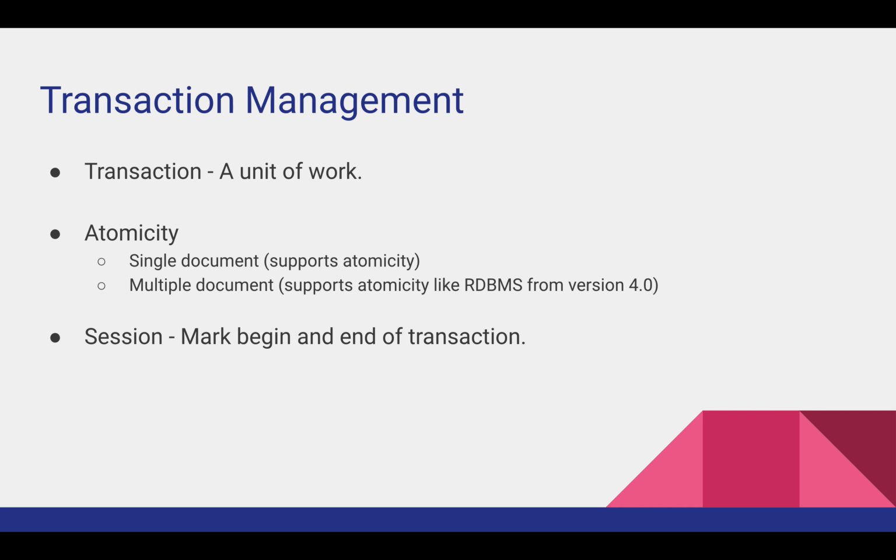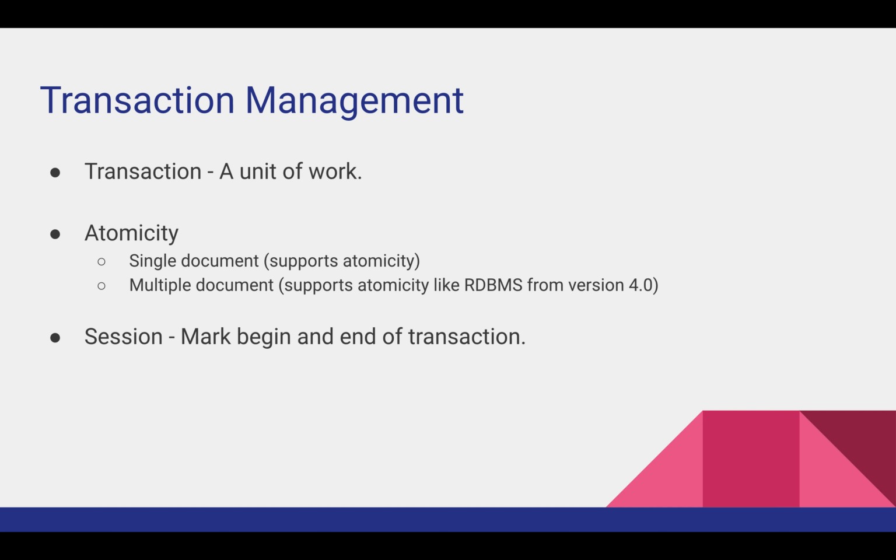So let's get started. A transaction is a unit of work which generally involves both read and write operations. For consistency across a transaction, a database follows certain norms such as atomicity. Unlike RDBMS, atomicity in MongoDB is implemented differently for queries involving single and multiple documents.